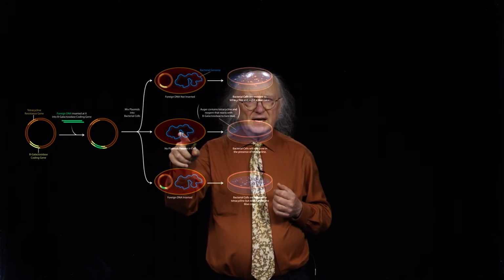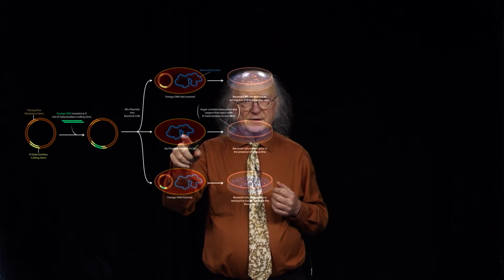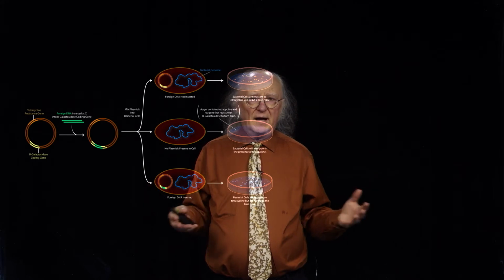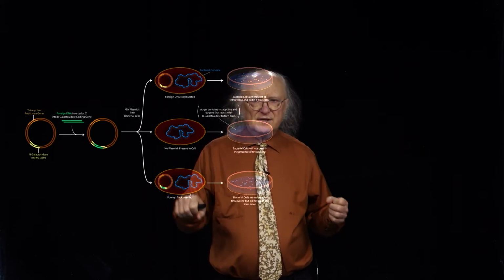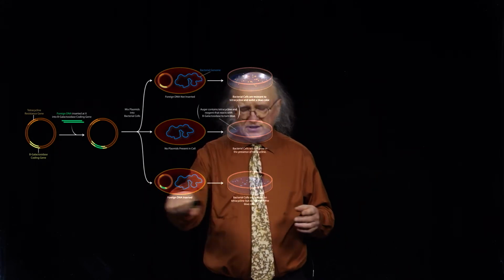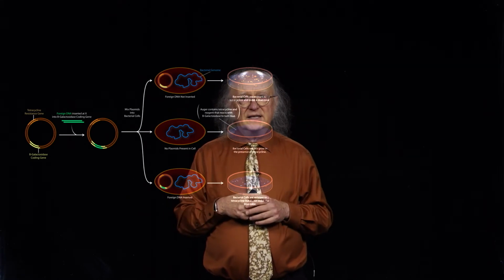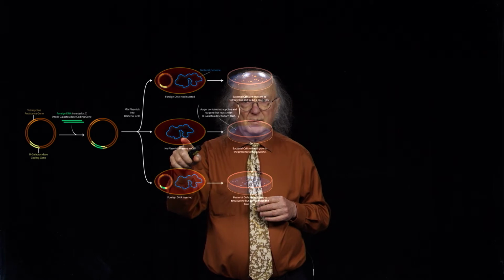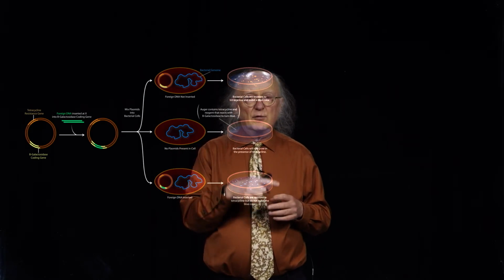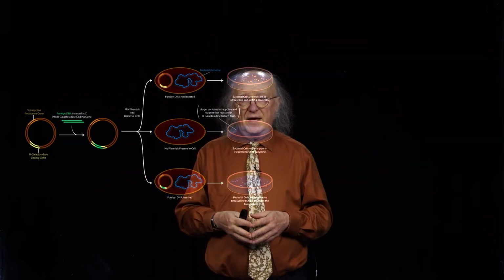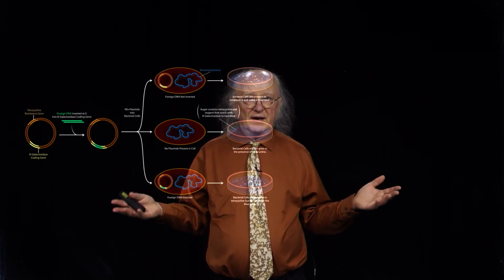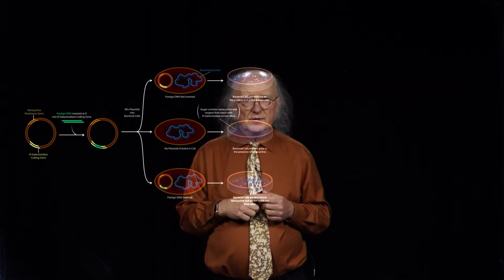So let's start, for example, with cells that don't get the plasmid. When I introduce this mixture, the vast majority of cells will not get the plasmid. I take this mixture of cells that I've introduced the DNA to and I smear them across a plate that contains ampicillin. In the case of the middle situation where cells don't get the plasmid, there will be no growth because they are sensitive to ampicillin. They will die in the presence of ampicillin and we will never see those cells.